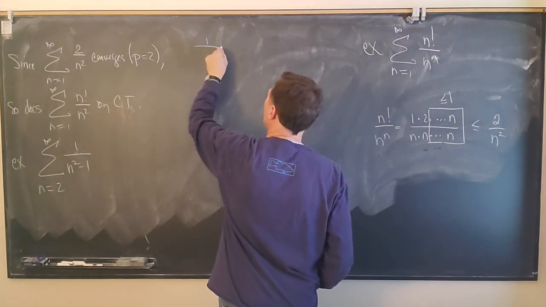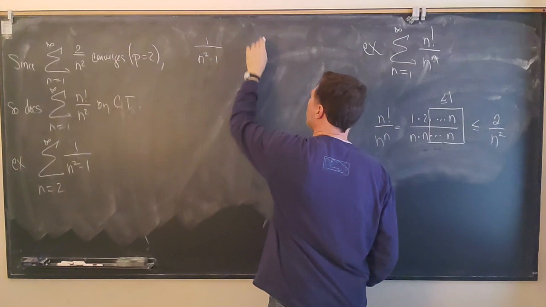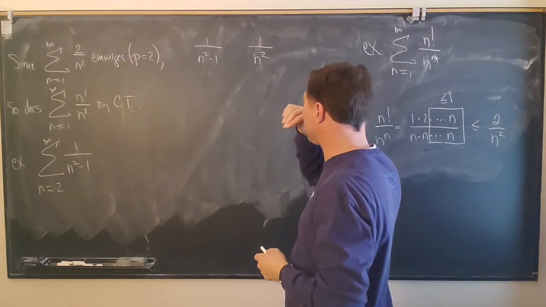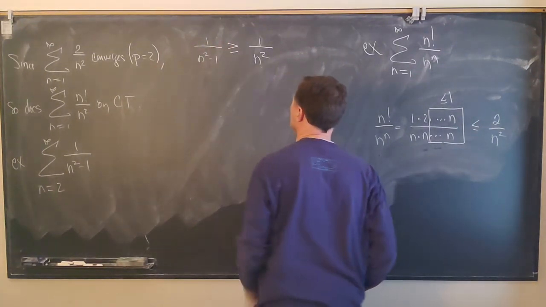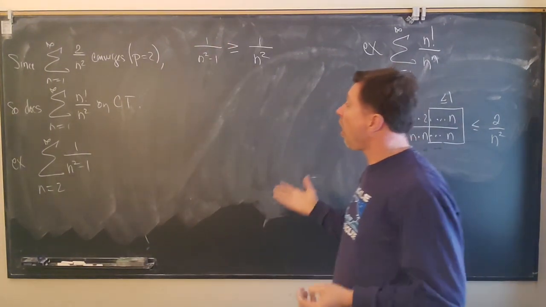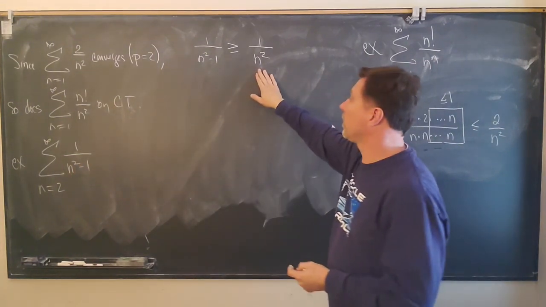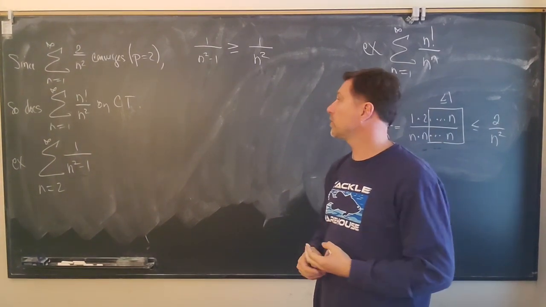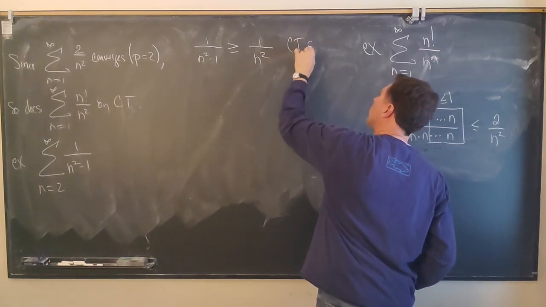So I have a 1 over n squared minus 1. How does that compare to 1 over n squared? Well, it turns out that it's actually larger than 1 over n squared. So our sequence right here is bigger than one that we know converges. That's not going to help us with respect to the comparison test. So the comparison test doesn't work.